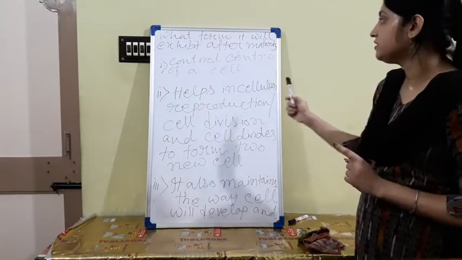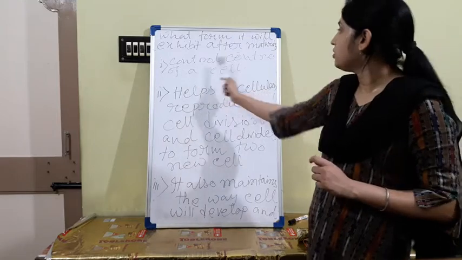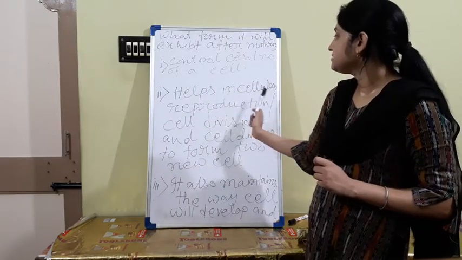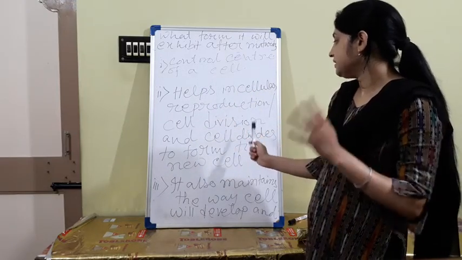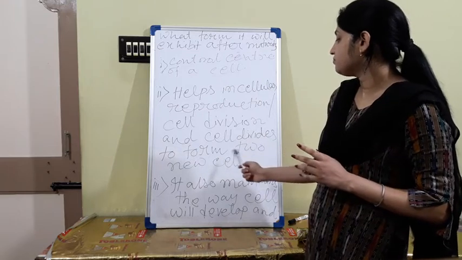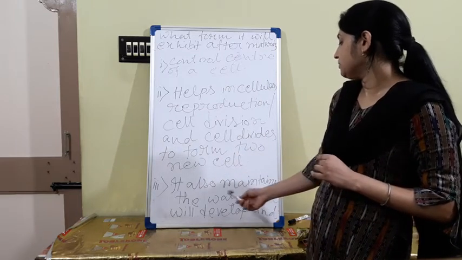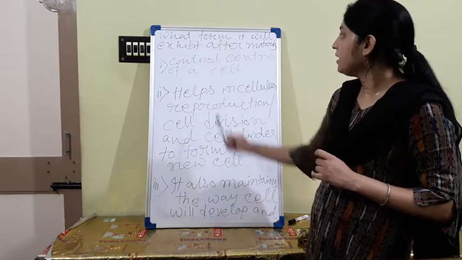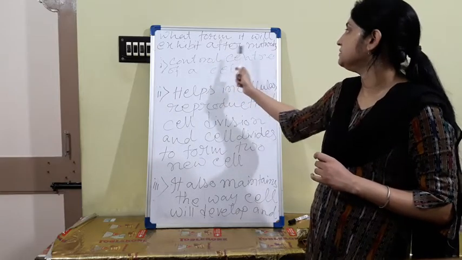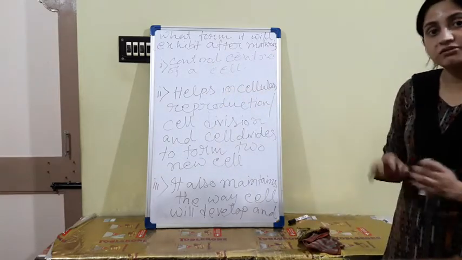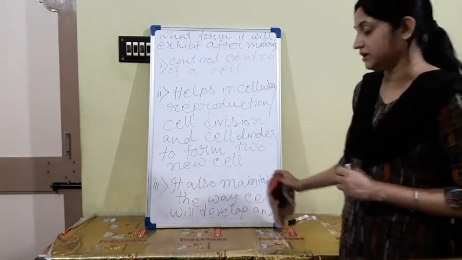Okay, so I repeat the functions of the nucleus. Control center of a cell, helps in cellular reproduction, cell division, cell divides to form two new cells, and it also maintains the way the cell will develop and what form it will exhibit after maturity. Okay, three main functions of the nucleus.